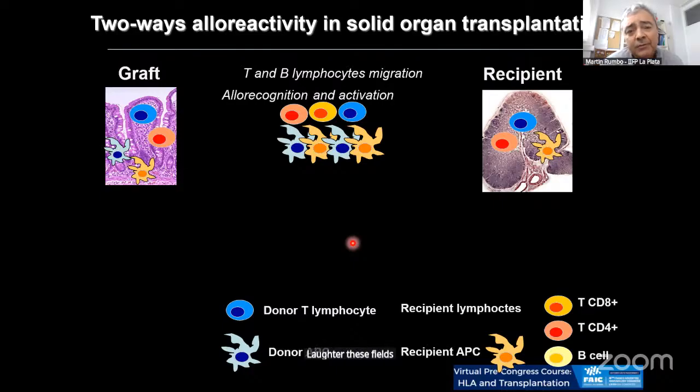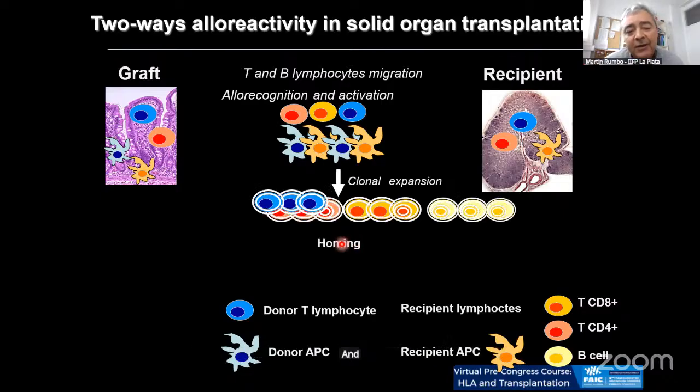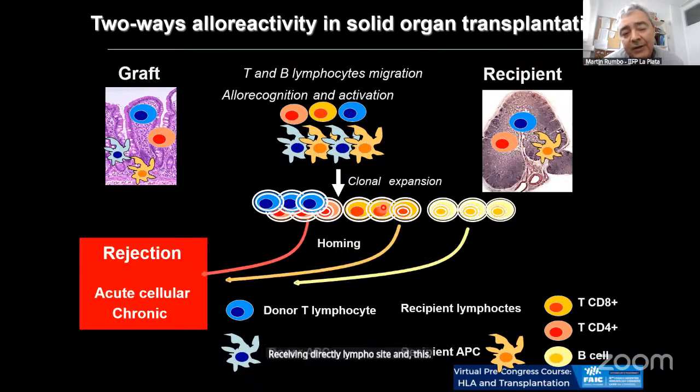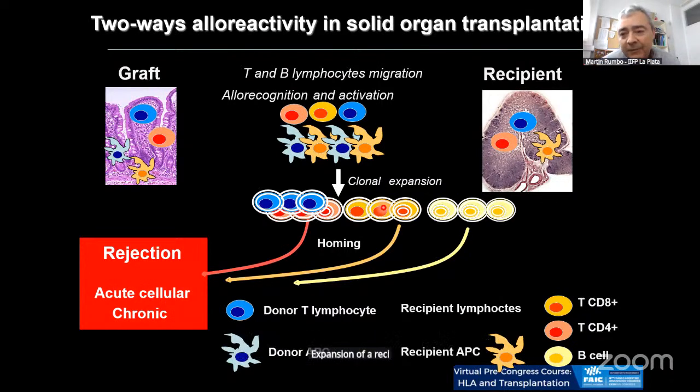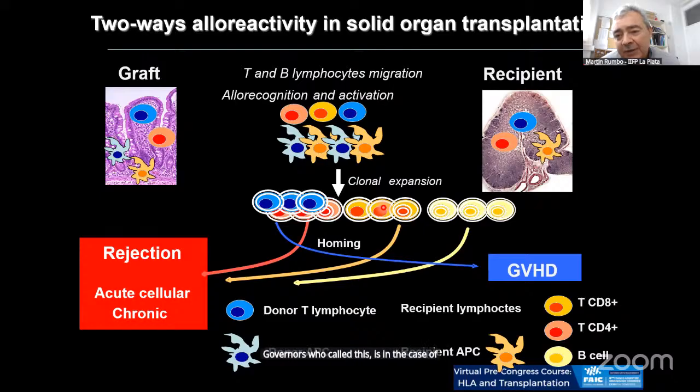But in both directions, alloreactive response may take place and expand either donor-derived lymphocytes or recipient-derived lymphocytes, and this may trigger rejection in the case of expansion of recipient lymphocytes, and also graft-versus-host disease in the case of activation of graft lymphocytes.